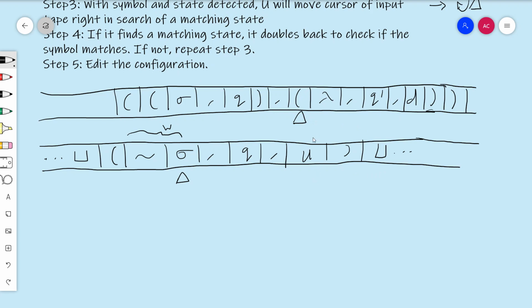So we've got W with the last symbol sigma, Q here, U here, and then up here we're looking at an instruction. And so what do I need to do? Well, obviously I need to replace sigma.